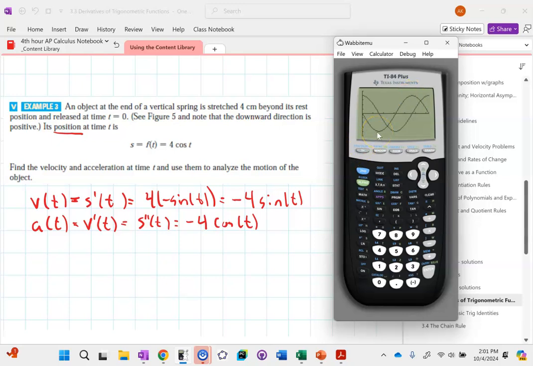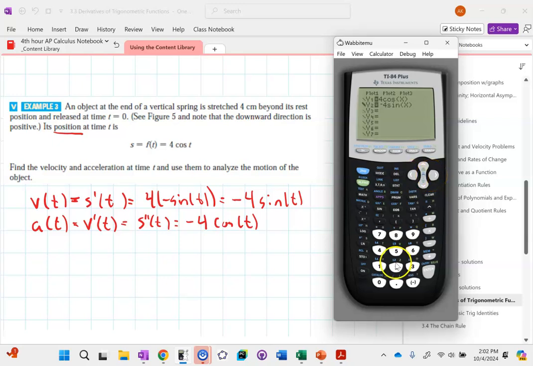Since we're talking about velocity, right? When I said speed, speed has no sign, velocity has a sign because it talks about direction. And I noticed that when we're at our maximums and minimums, the velocity is 0. That's good. I should have changed how those graphs look so we could tell the difference. I'll make that one a fat line.